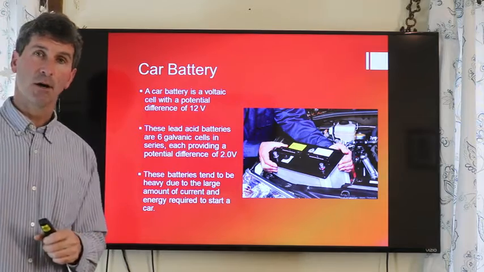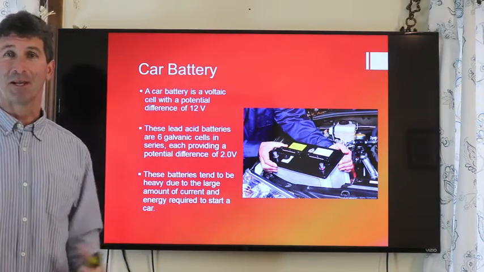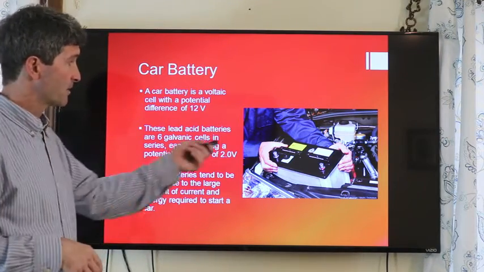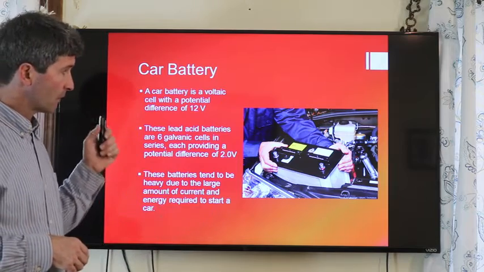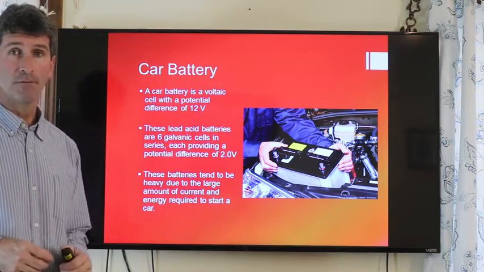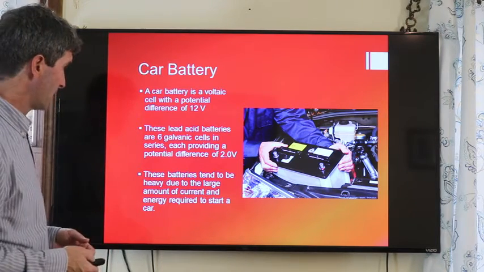Bigger batteries, such as car batteries, again, just think of it as a bigger container of ions. Ions have charge as they move. This is a 12-volt battery. For every coulomb of charge that we move through here, we will get 12 joules of work from this, or be able to use 12 joules of electrical energy.